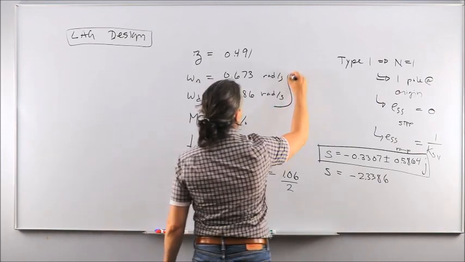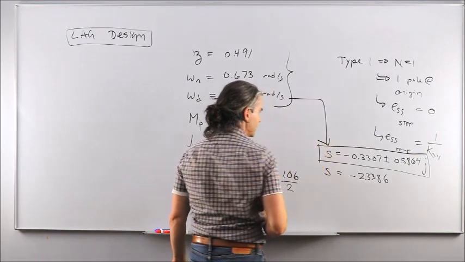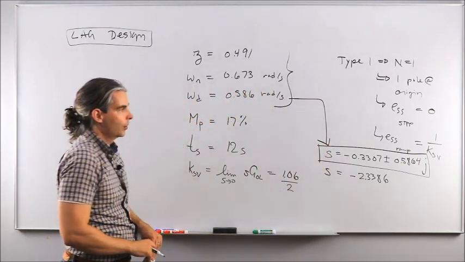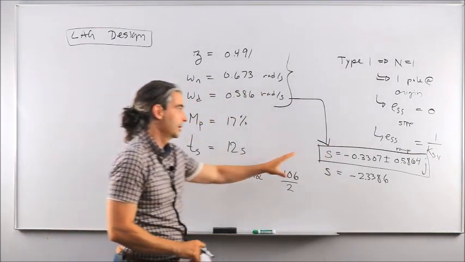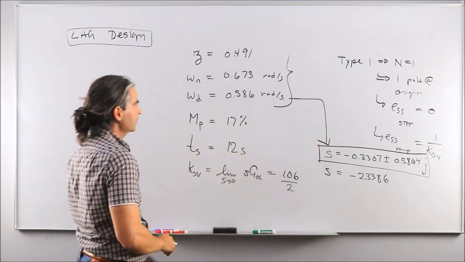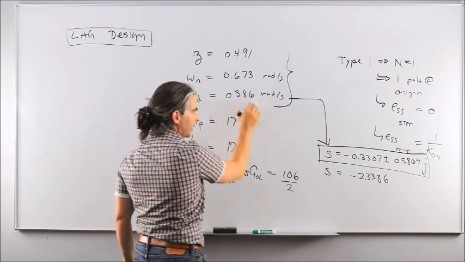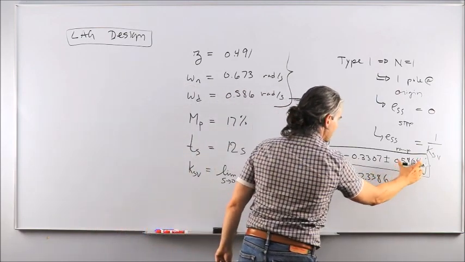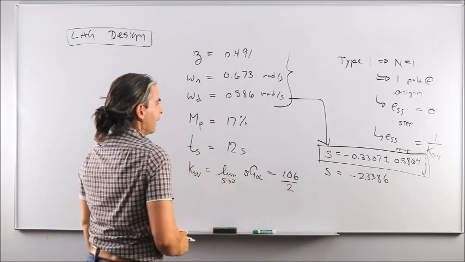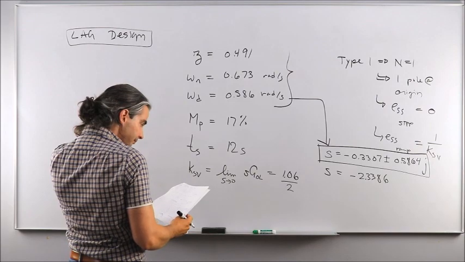So those characteristics only come from the complex conjugate dominant poles. These are the two. As you can see here, omega d, being just the imaginary part, directly corresponds to this. All right. So Kv is equal to that.